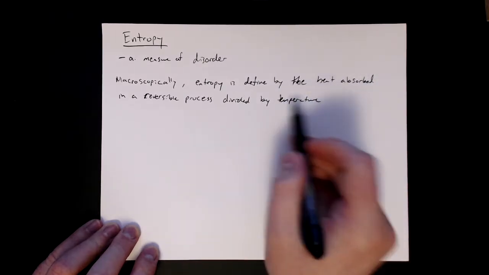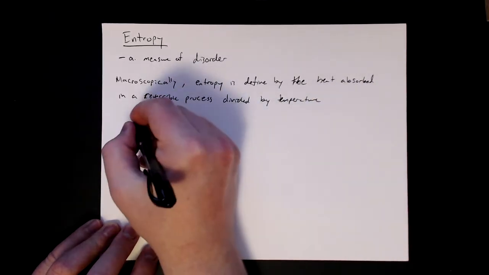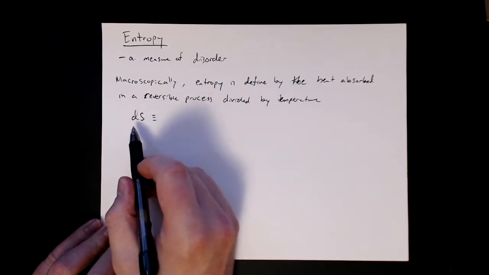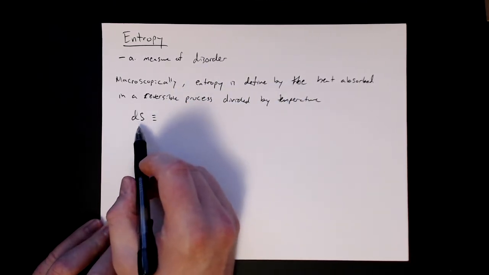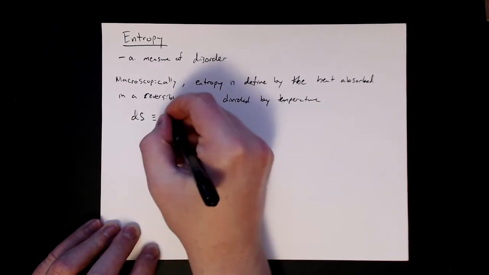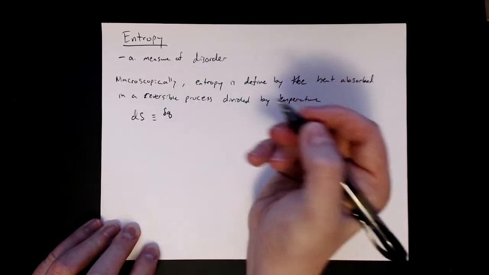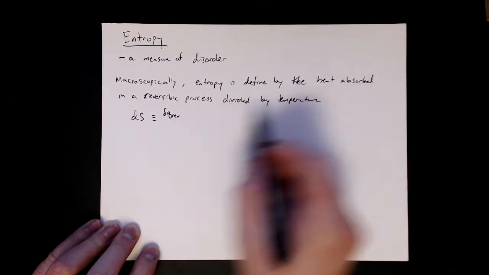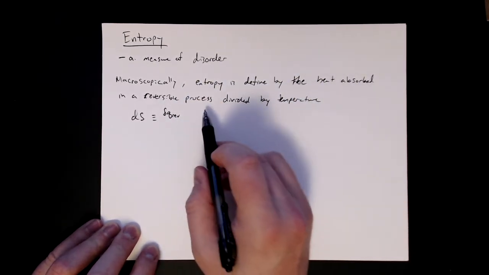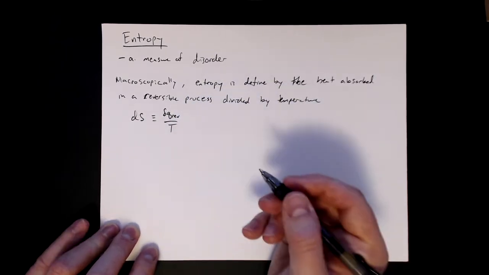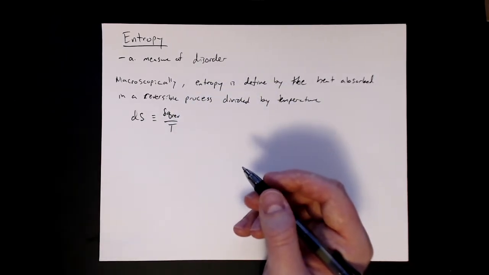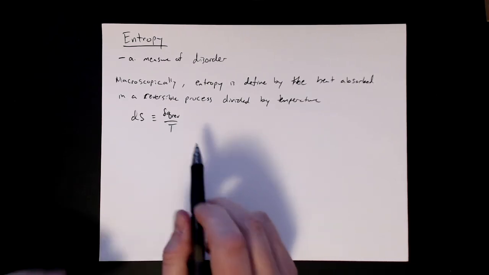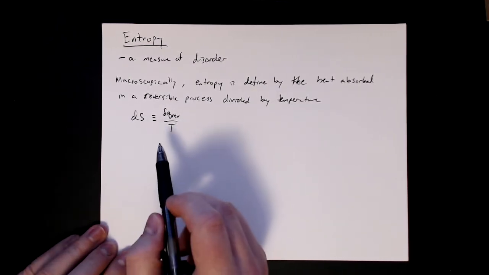So heat absorbed divided by temperature. So we can write that as the change in entropy, the small amount of entropy, is defined as that quantity of heat, delta Q, and we call that reversible because it's a reversible process, and it's divided by temperature. All right, so that's how, in traditional thermodynamic classes, we define entropy.